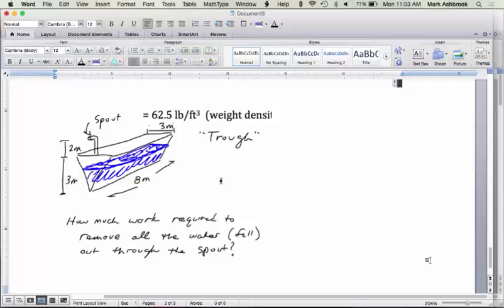And it's full. I'm just showing it partially full, but say it's full. We want the work to get all of the water out of that trough, and all the water out of the trough means it comes up out through the spout. So the water's got to get up out through the spout in order for it to empty out.